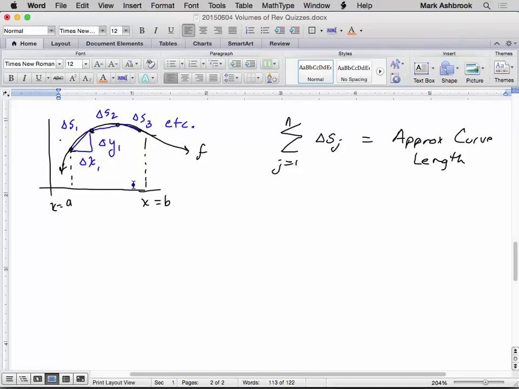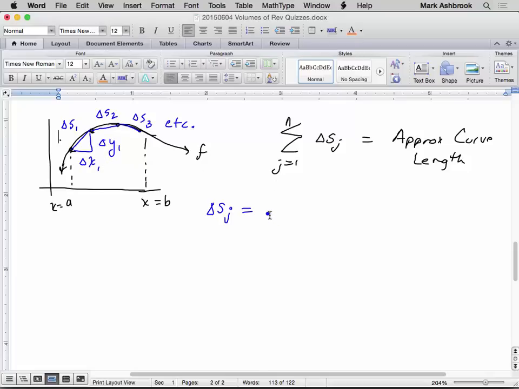Now we can easily write what delta S1 is, or for that matter, delta Sj. By the Pythagorean theorem, delta Sj squared equals delta Xj squared plus delta Yj squared.